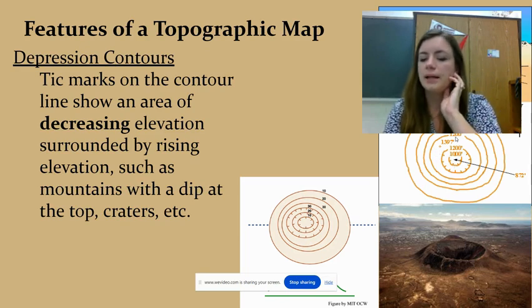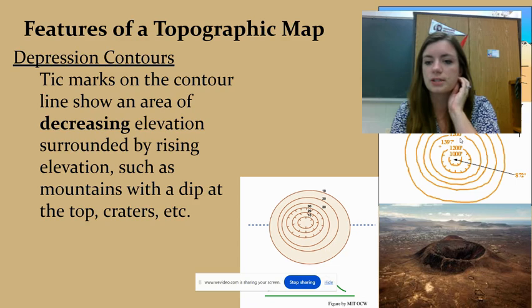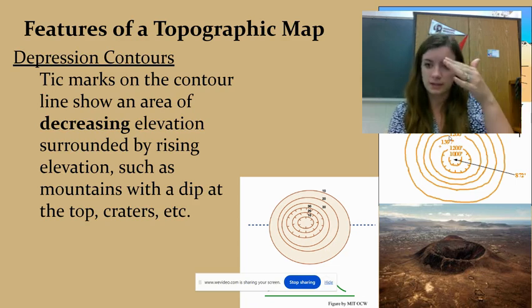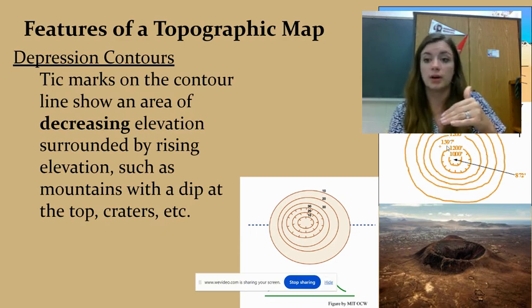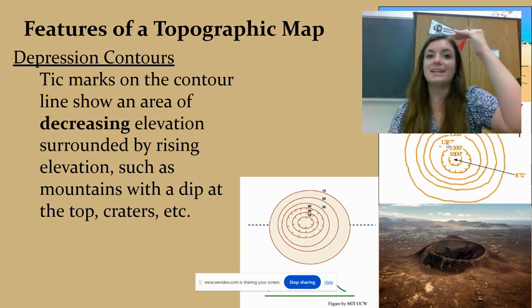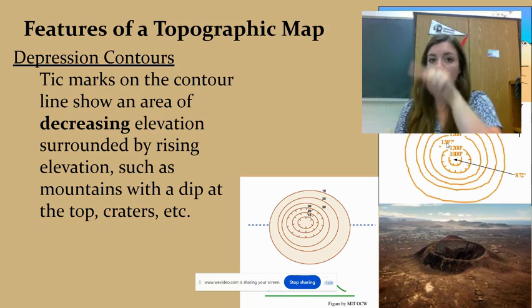For example, it looks like we're counting by 200s here. So this value between the last contour line without tick marks and the one with tick marks can be as great as 1,399, not 1,400. 1,400 would be the next contour line, but it's not there. The last contour line is 1,200.